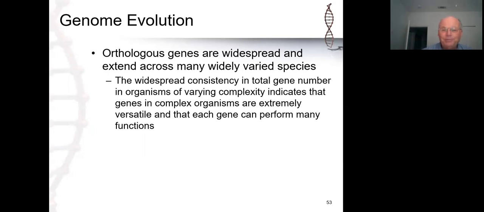So finding examples of orthologous genes is not difficult to do because there are so many processes that we share in common and that are carried out almost entirely in the same fashion, using exactly the same enzymes, following the same metabolic pathways. Finding examples of orthologous genes amongst species is not that difficult.